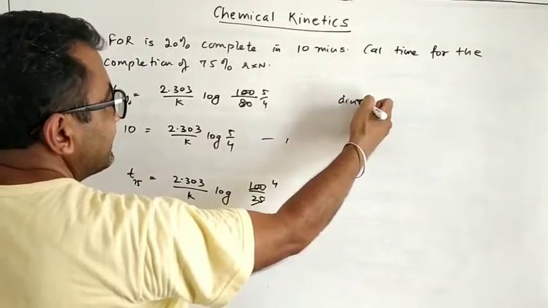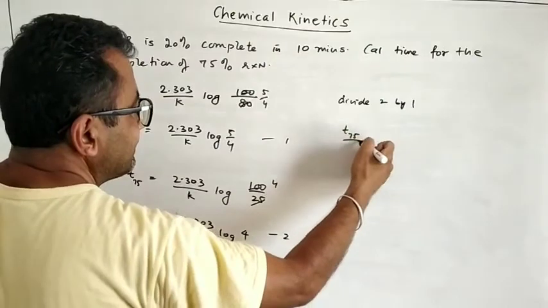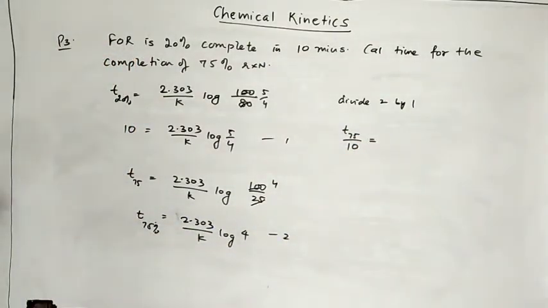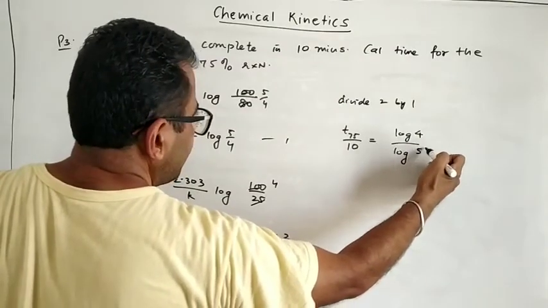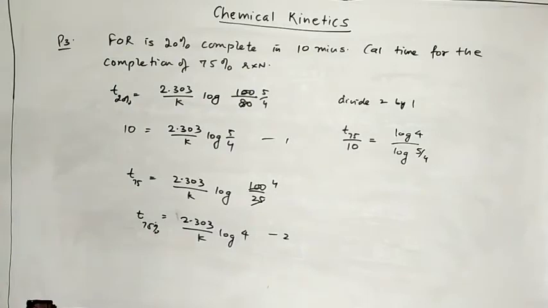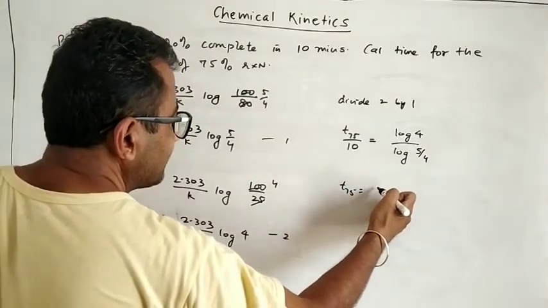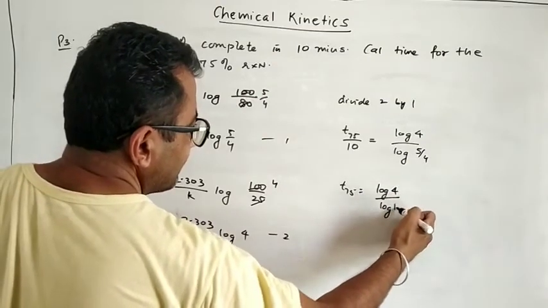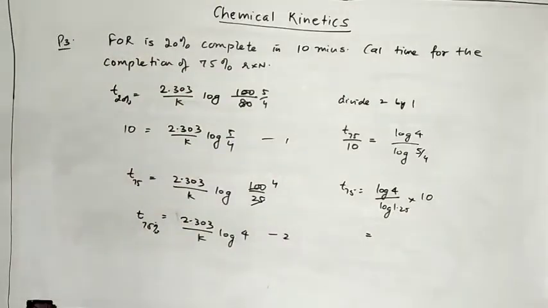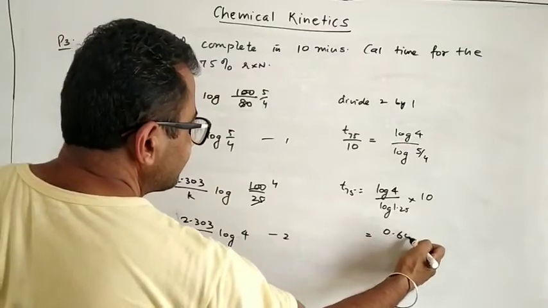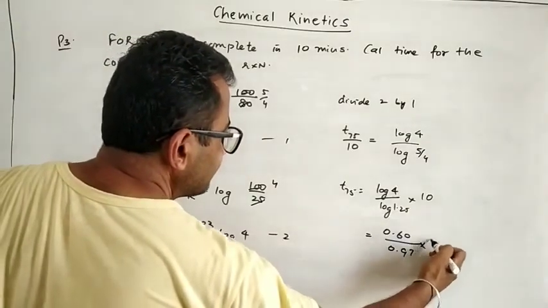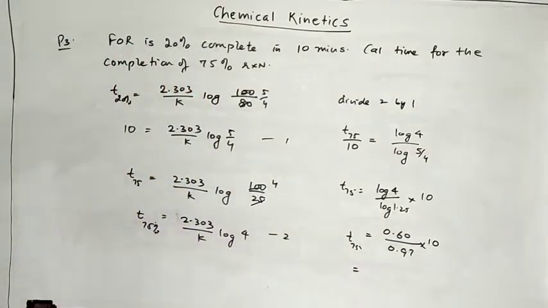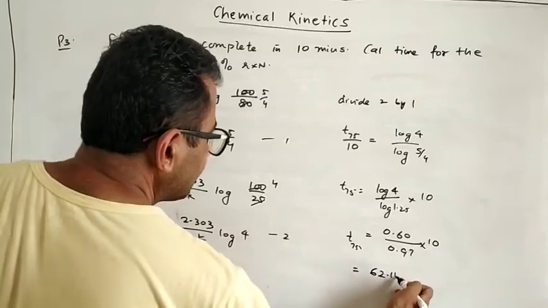So divide 2 by 1. T 75% upon 10 equals log 4 upon log 5 by 4, as 2.303 by K cancels out. So 5 by 4 becomes 1.25. T 75% equals log 4 upon log 1.25 into 10. Log 4 is 0.60, and the log of 1.25 you can see in the log table, it is 0.097. Into 10, after calculating, you get the answer 62.14 minutes.